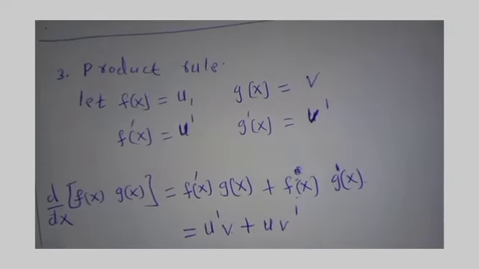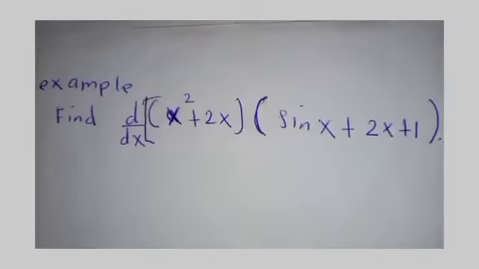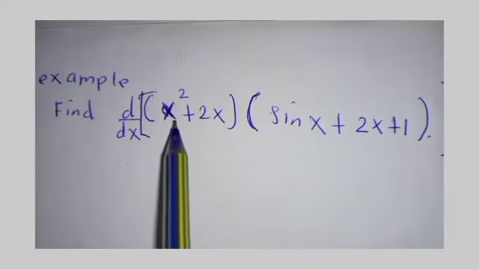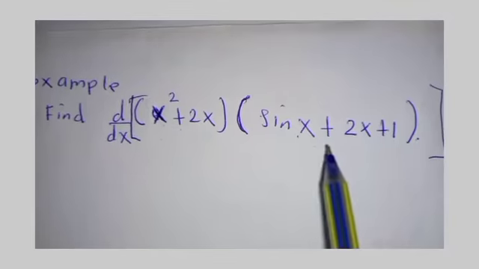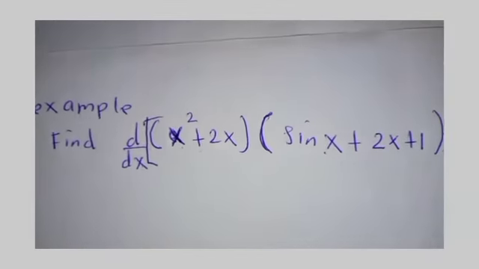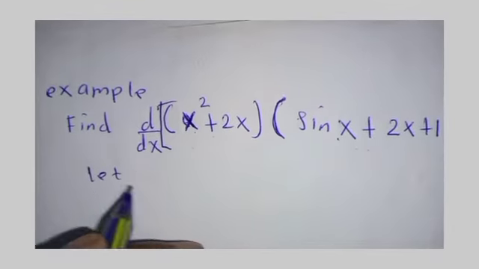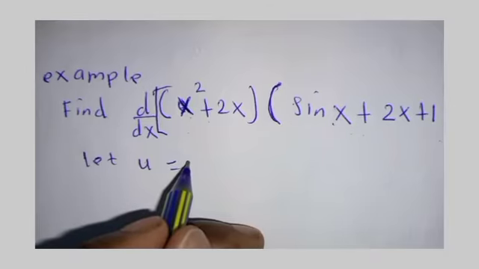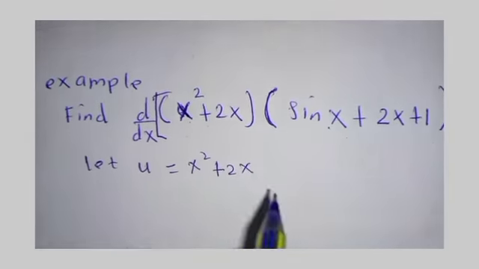So we are going to give a simple example to bring this point home. We have this here, find the derivative of this function: x squared plus 2x multiplied by sine of x plus 2x plus 1. So we are going to use the product rule by letting our u be equal to x squared plus 2x.